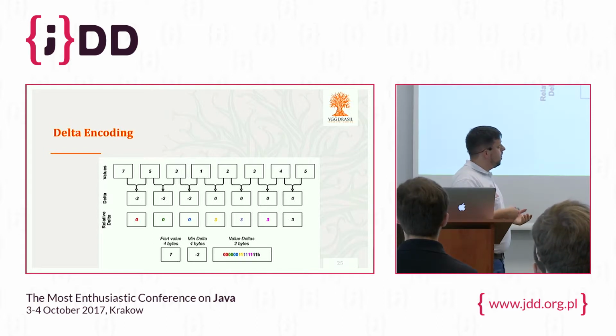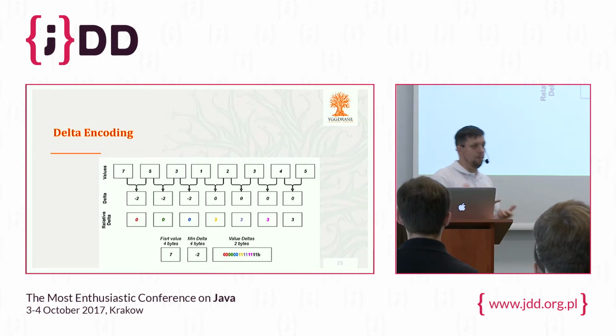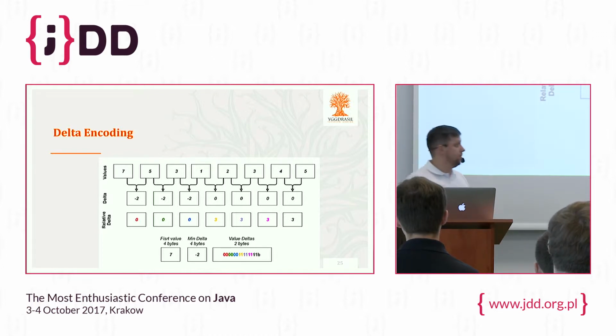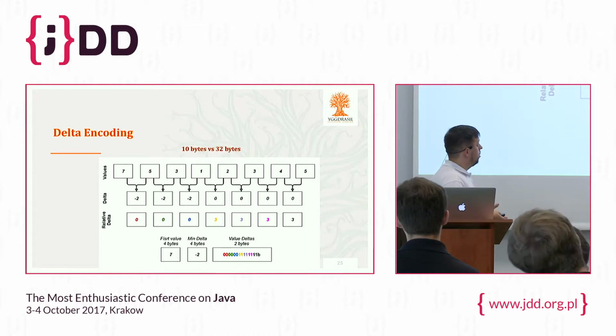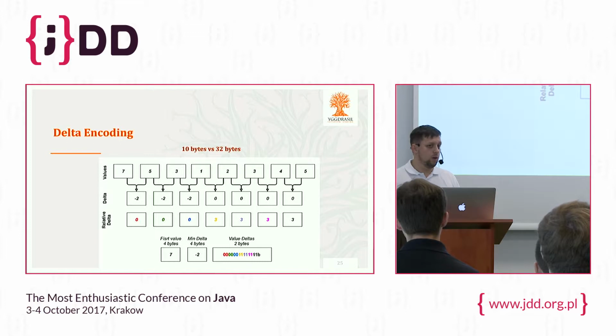Thanks to having all this information about the type and the number of elements in place, you have everything needed to encode it very efficiently. Here it is not so impressive: 10 bytes versus 32 bytes, but it grows rapidly when you add new values. Of course, in Parquet, you can define which kind of encoding you want to use.